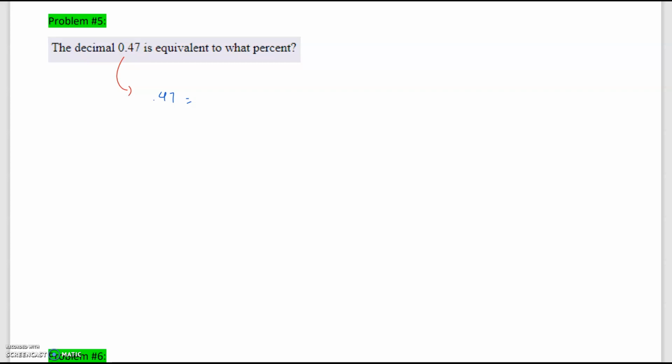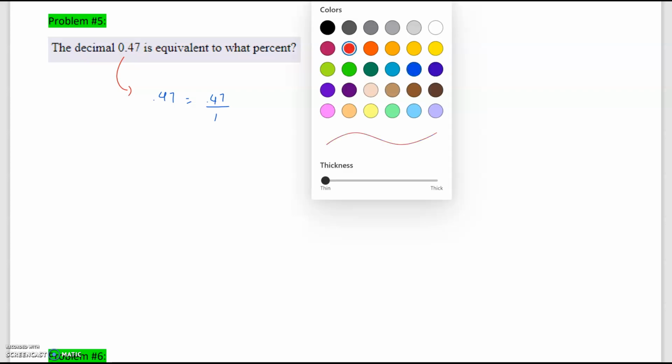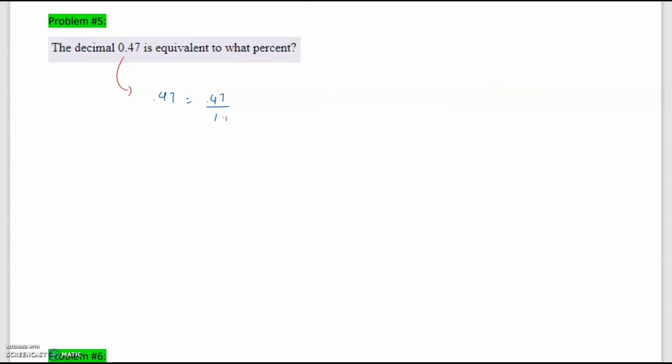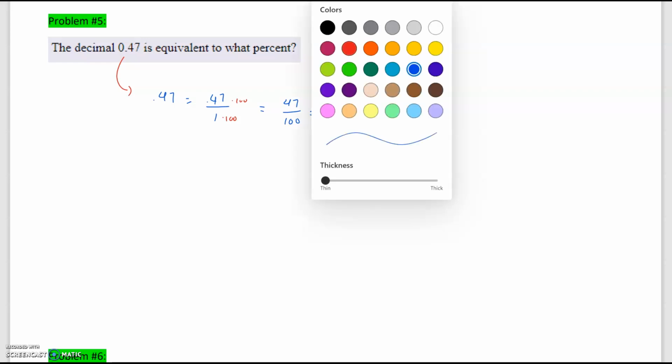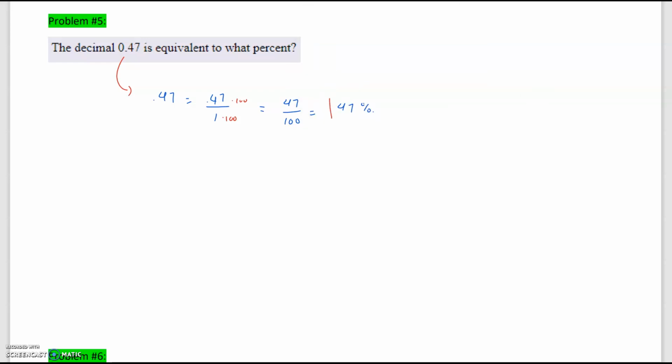So the first step would be to express it as 0.47 over the value of 1. And then we technically need a 100 at the bottom, so multiply times 100 and multiply times 100. And this is going to give us, well, technically 47 over 100, which represents 47%. Remember that percent represents parts per 100.